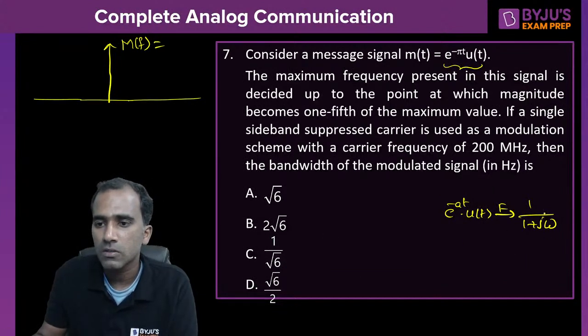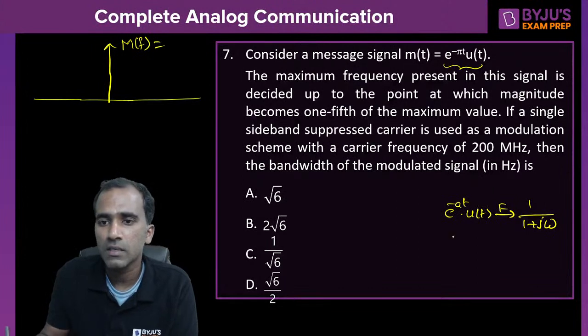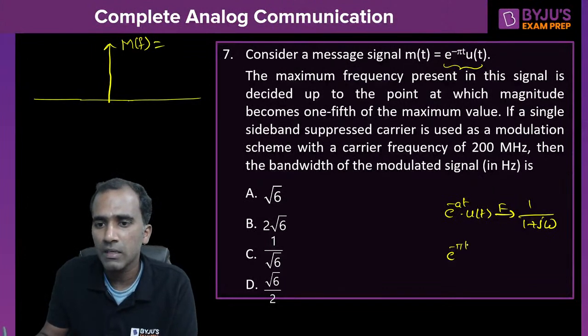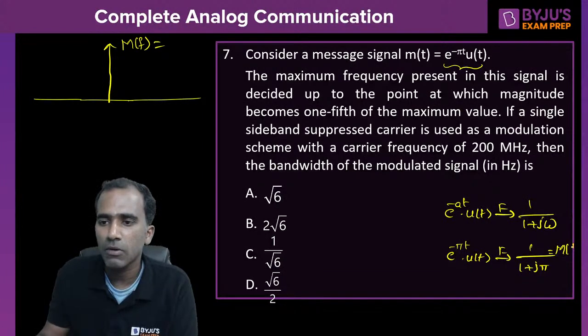Here in this case, e power minus pi t into u of t has a Fourier transform of 1 by 1 plus j pi, right? So this is m of f.